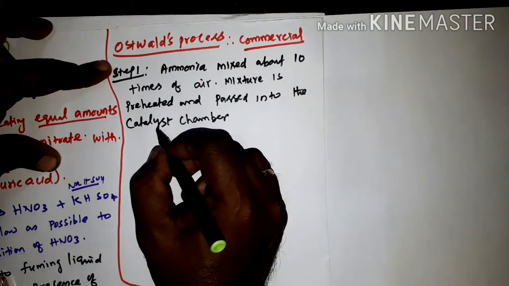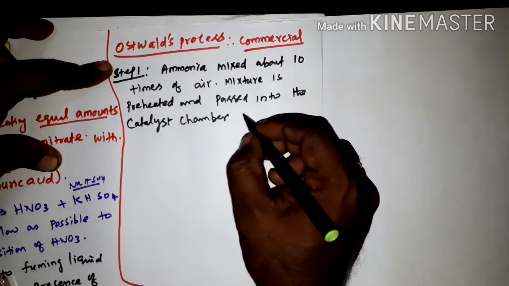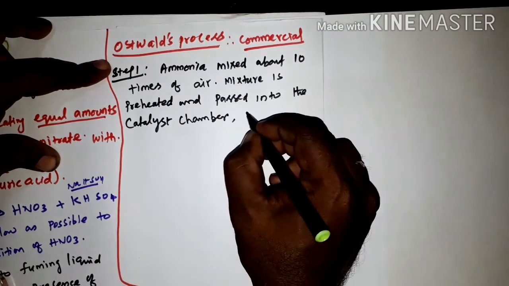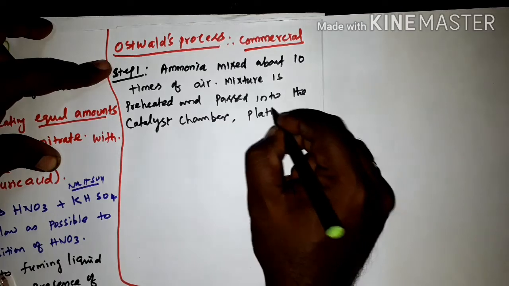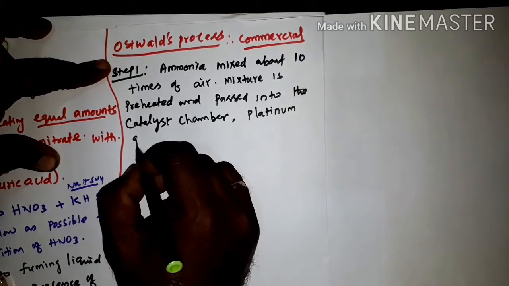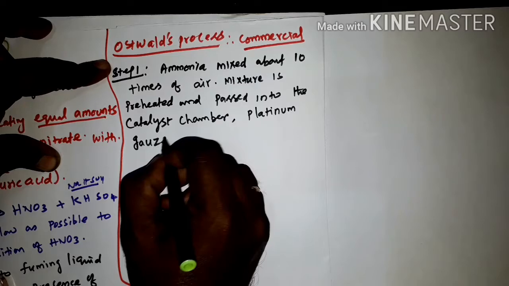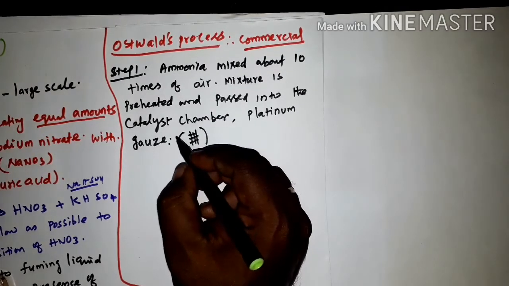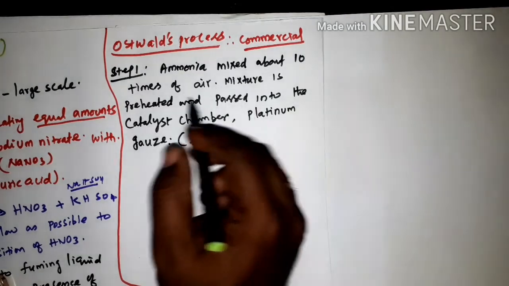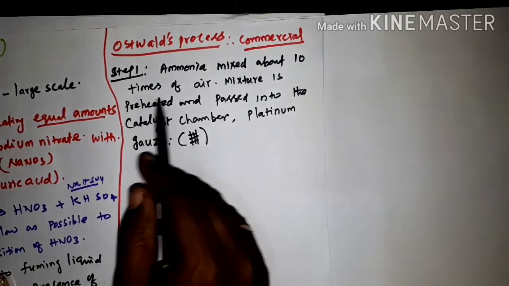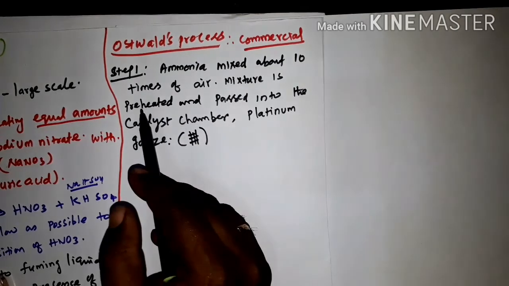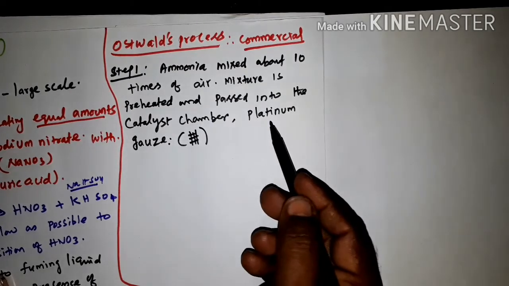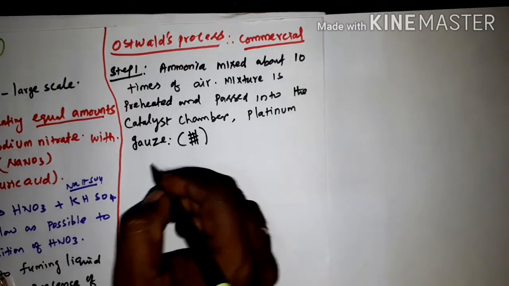This catalyst chamber contains platinum gauze. Gauze means just like a filter, okay? So this is the platinum gauze chamber. It's a catalyst. So first step, ammonia mixed with about 10 times of air. Then that mixture is preheated. Then it is passed into the catalyst chamber where platinum gauze is present. Then step 2.